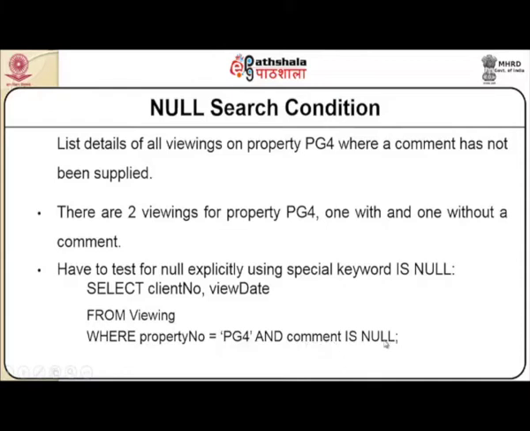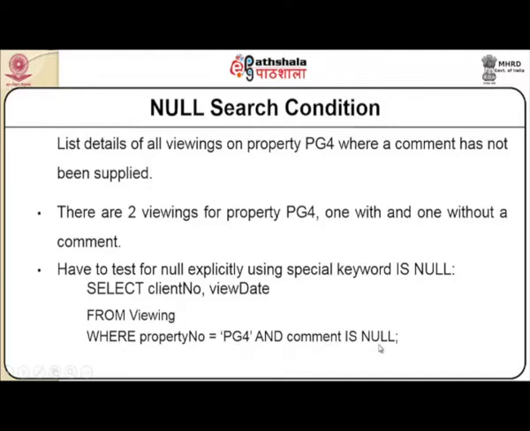So I am asking the SQL query to present one with a null value and one without a null value. If the first table has to show the one with a null value, I present a condition where property number is equal to PG4 and the comment is null.